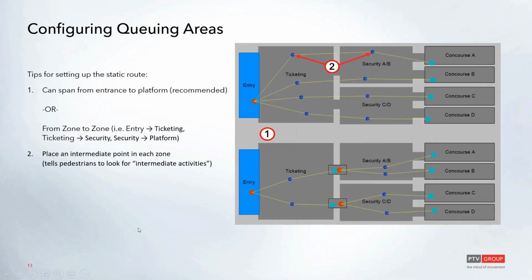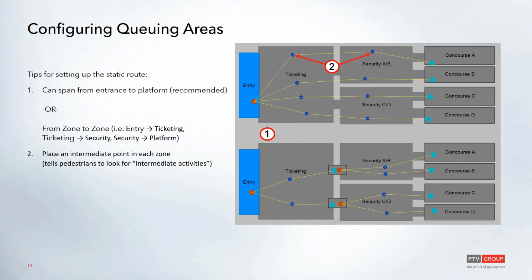Some key tips here: when you're talking about the static route, there are two different ways that you can model it. You can span it from the entry all the way to each of the overall destinations. So if we imagine this like an airport terminal, we go from the curbside all the way to the different concourses with intermediate points at each of the different zones.